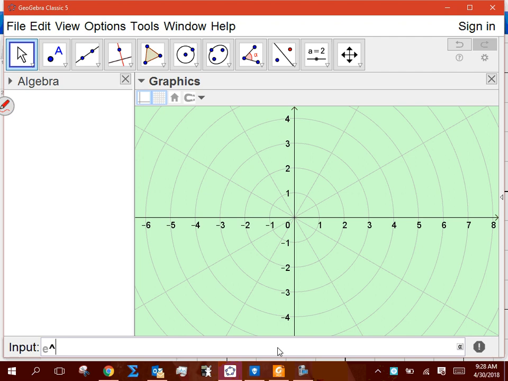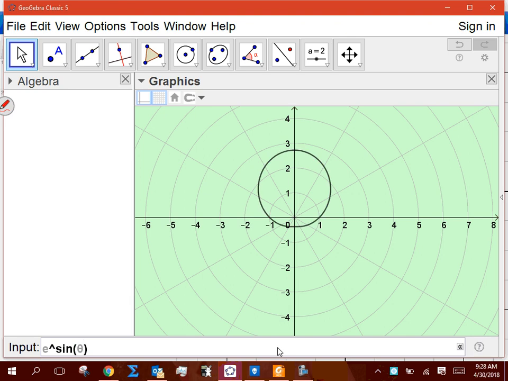What happens, guys, is that E, your natural number E, becomes a very huge component of the polar system and complex analysis and complex numbers. So I'm going to go E to the sine of theta.